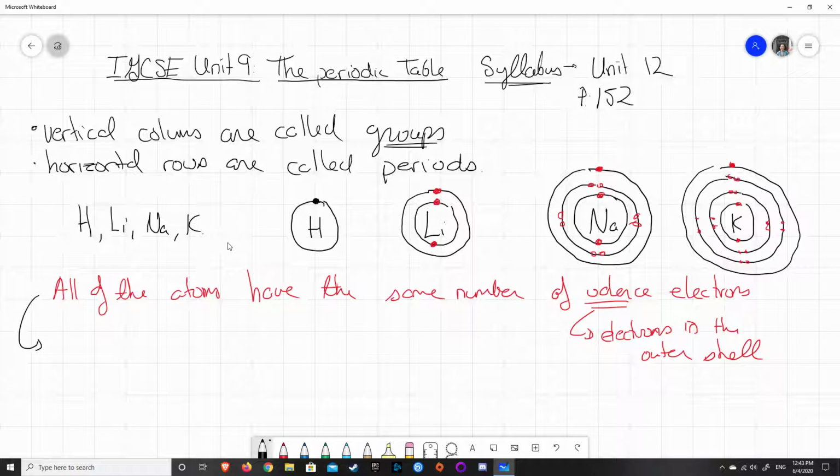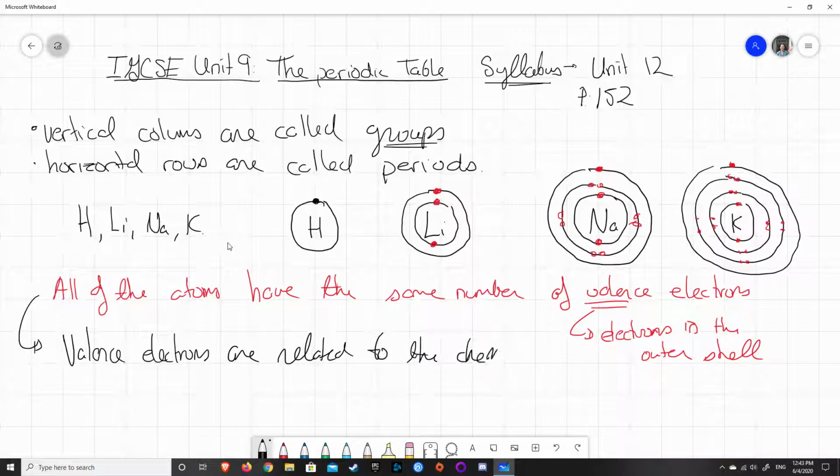And remember, like we said in, I believe it was Unit 2, valence electrons are related to the chemical reactivity.